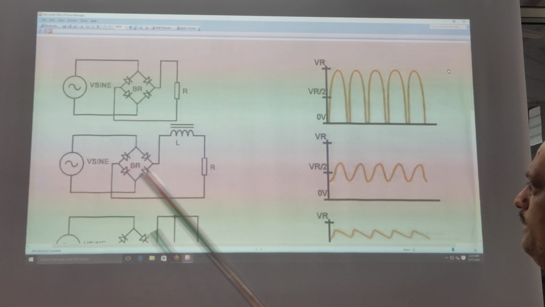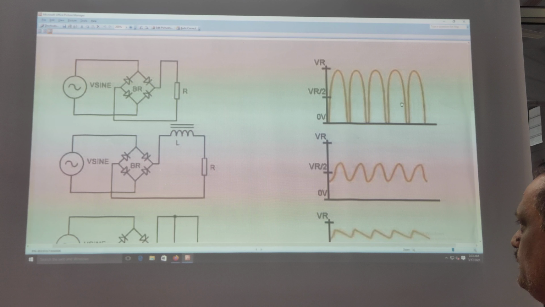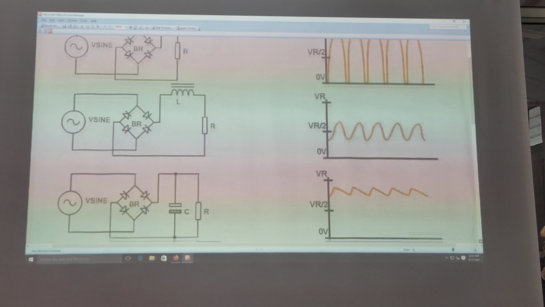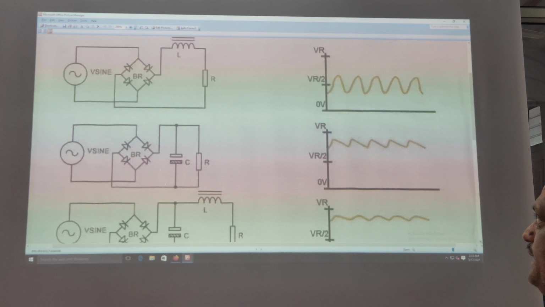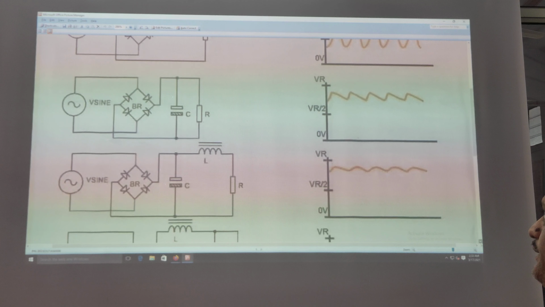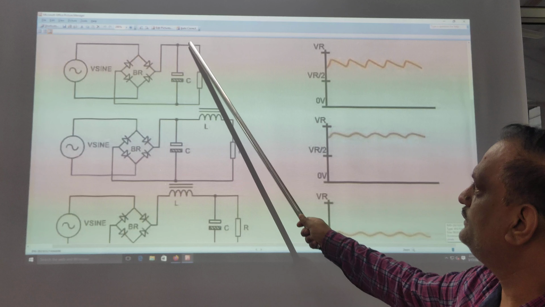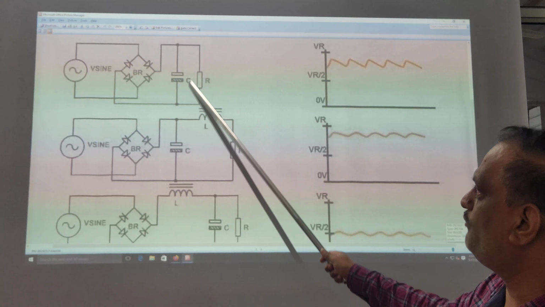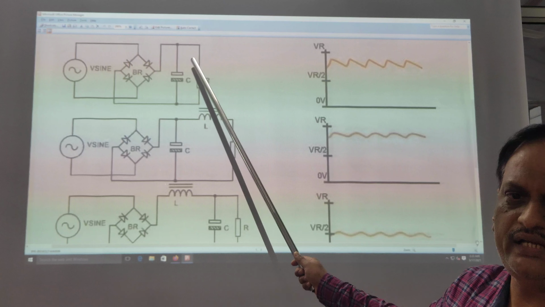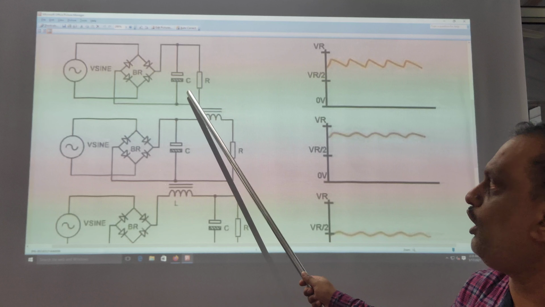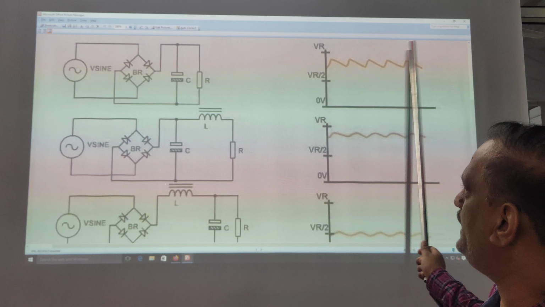Now if you go to the third case, you can identify that we have replaced the inductor with a filter capacitor. We know the property of the capacitor is to block the DC voltage and pass the AC voltage.